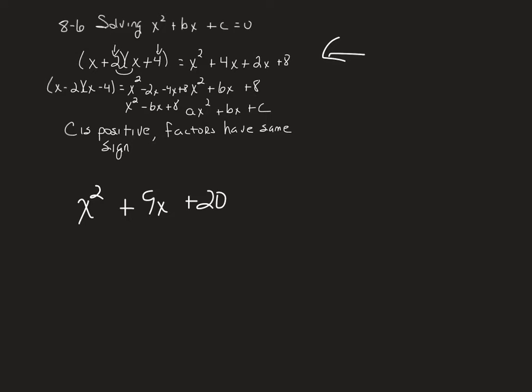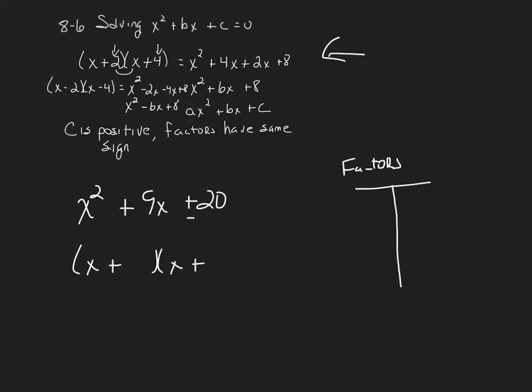So we need factors of 20 that will multiply to be 20, and when we add them together, they need to be 9. So factors of 20, and since this is positive, both terms are positive, so we're going to have an x plus and an x plus.